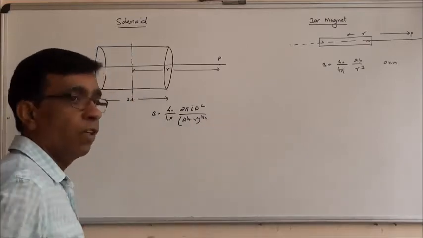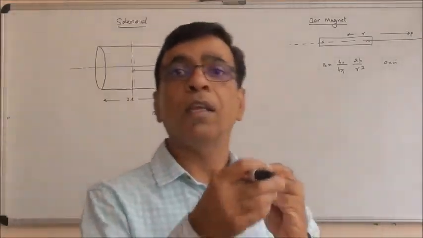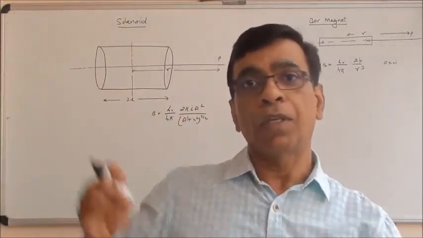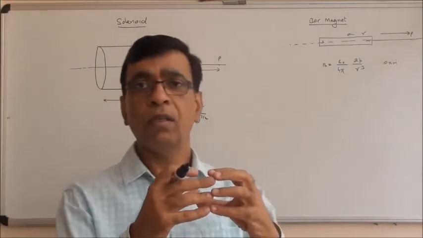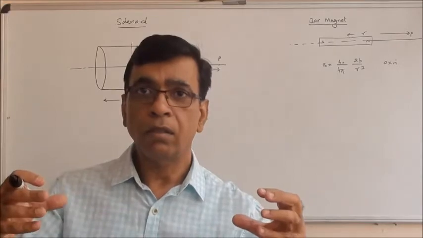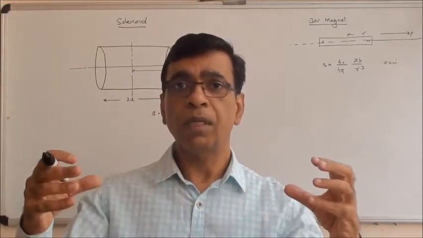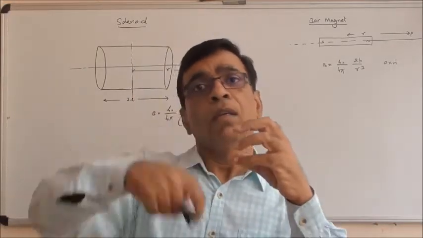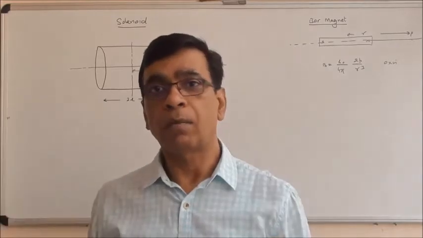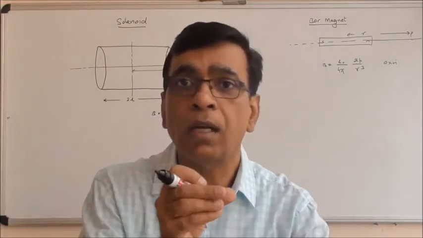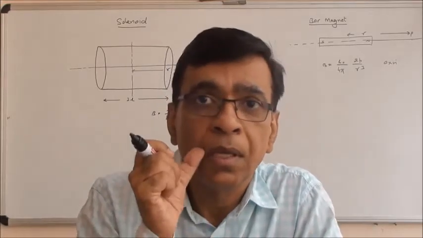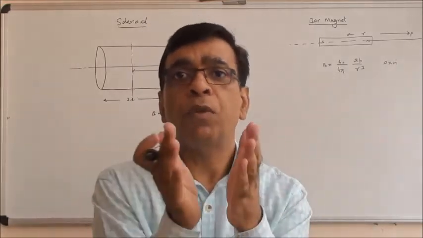This is the magnetic field produced by a current carrying loop at a point on its axis. Now here also, the solenoid is made on an insulating material, maybe a cardboard, and then enamel copper wire has been wrapped onto it. So it is a collection of a very large number of circular coils placed very close to each other.